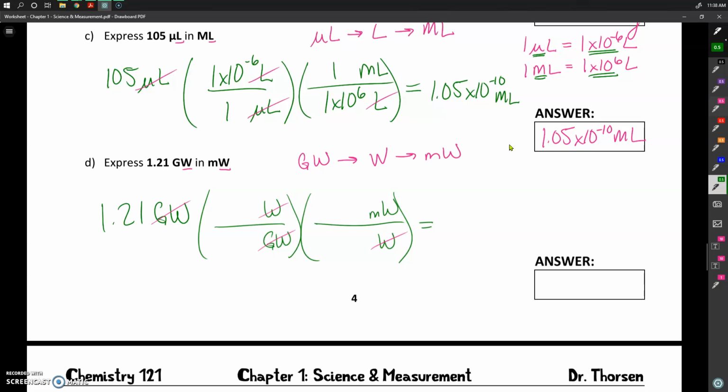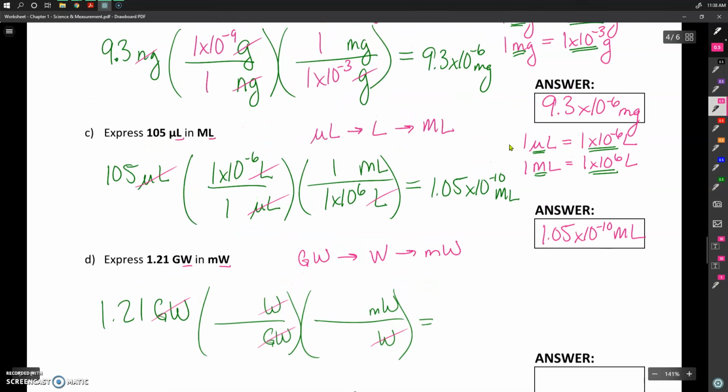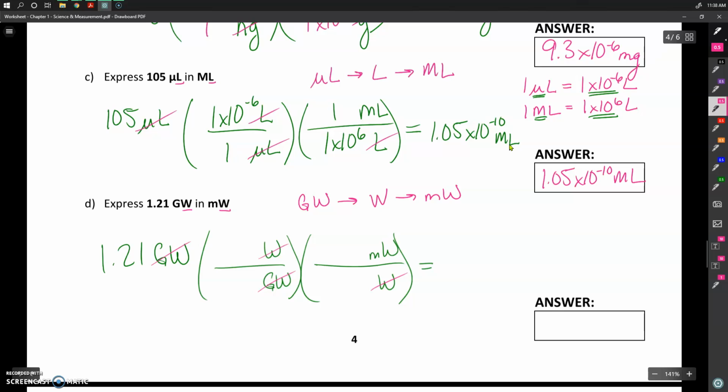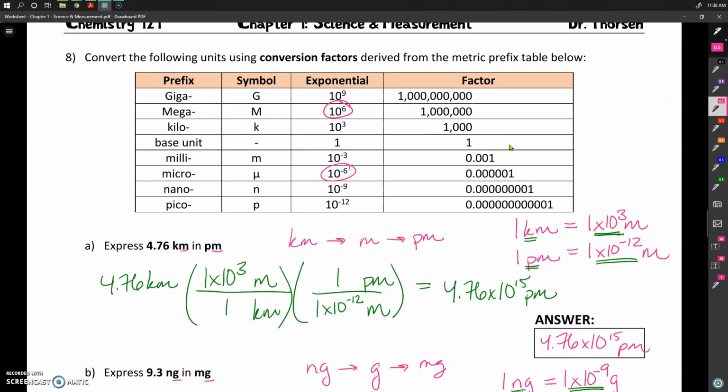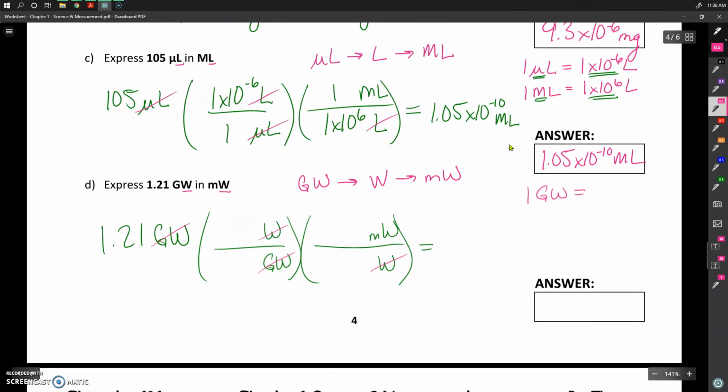I got to get my conversion factors from my equivalence statements. So I know I need gigawatts to watts. So that means I need to figure out what 1 gigawatt is equal to in watts. Well, if I come up here to giga, I can see that giga is equal to 10 to the 9th. So 1 gigawatt is 1 times 10 to the 9th watts.